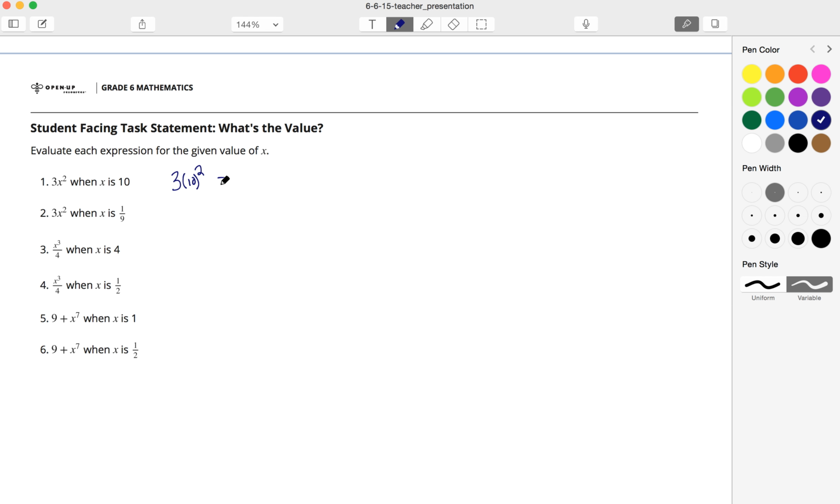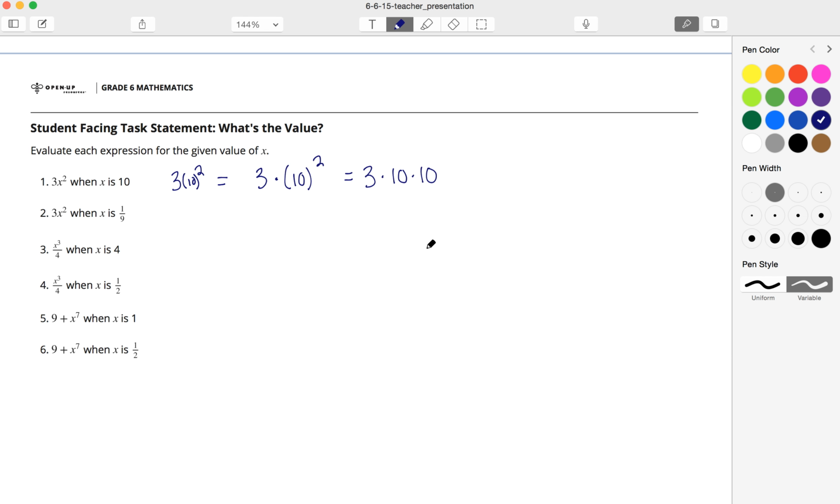Well, that's going to equal 3 times 10 to the power of 2, because remember I have that little multiplication sign. So I have a multiplication piece and an exponent piece. And I think back to my order of operations, and I know I need to do that exponent first. So I can think of this as 3 times 10 times 10, because 10 to the power of 2 is 10 times 10.